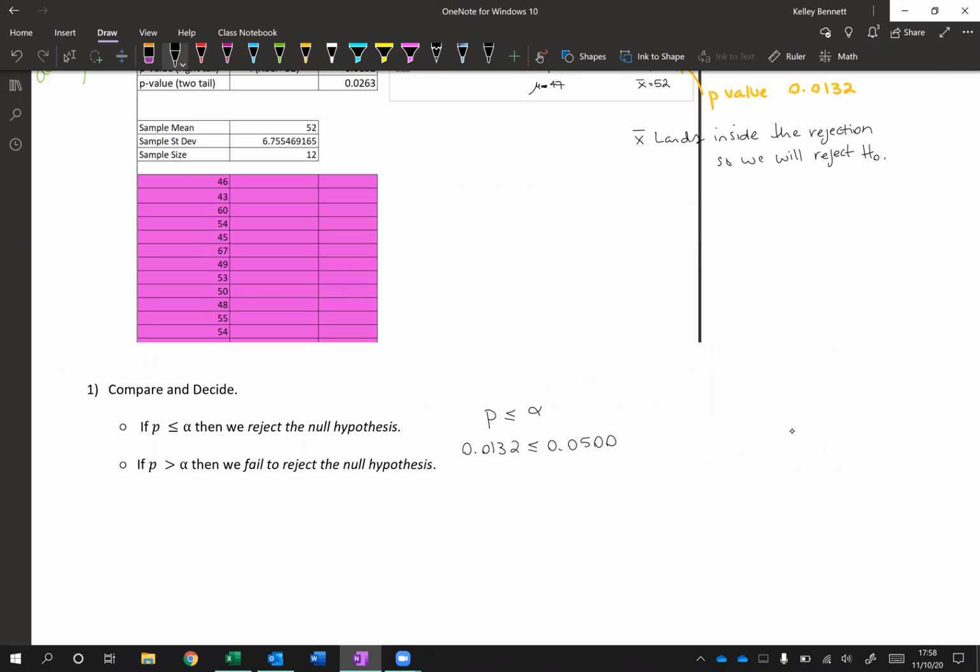So we are going to reject the null hypothesis, or reject the claim that mean hours worked per week is, what was the claim? 47.